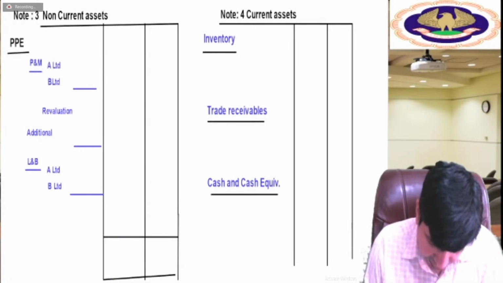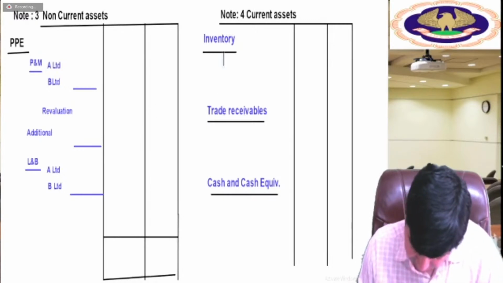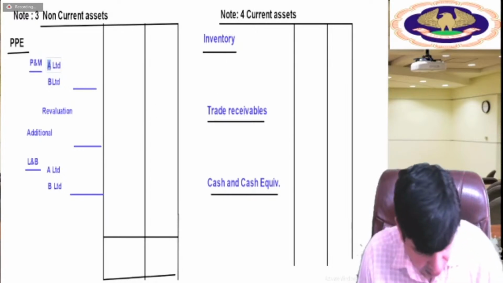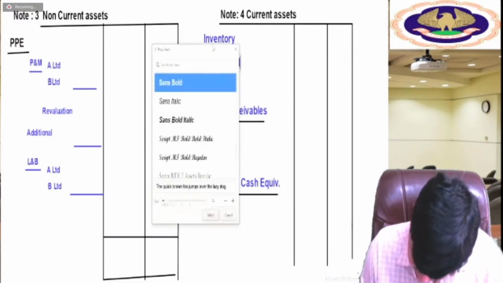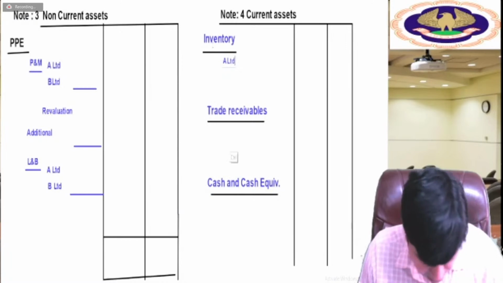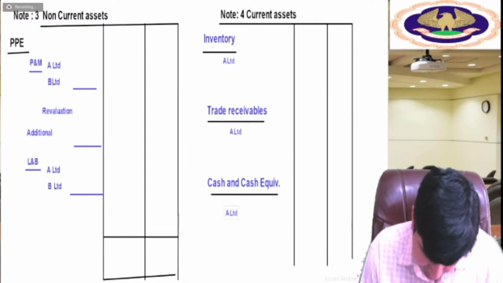Always there is A limited, and of course B limited.